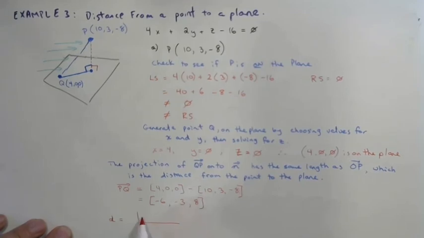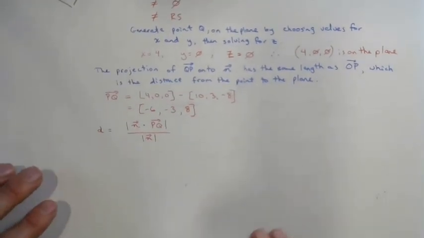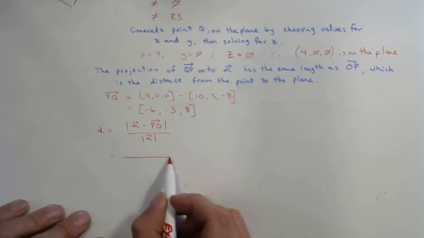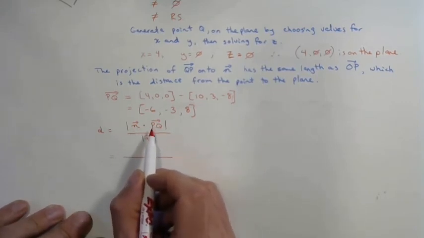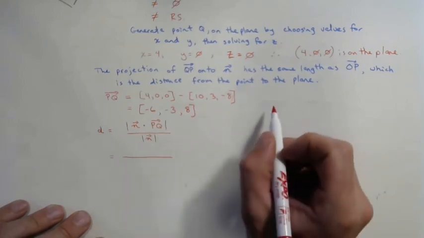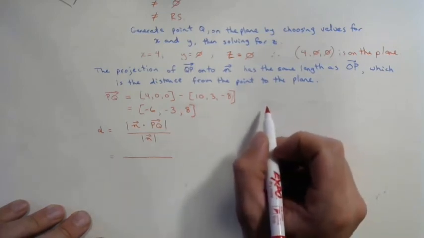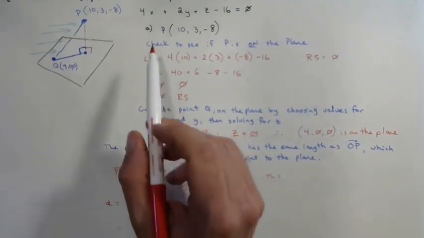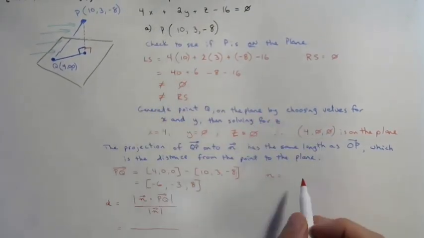In the numerator I take the magnitude of the dot product of N and PQ, and in the denominator, the magnitude of the vector N. N comes from the equation for the plane, so it's just 4, 2, 1.